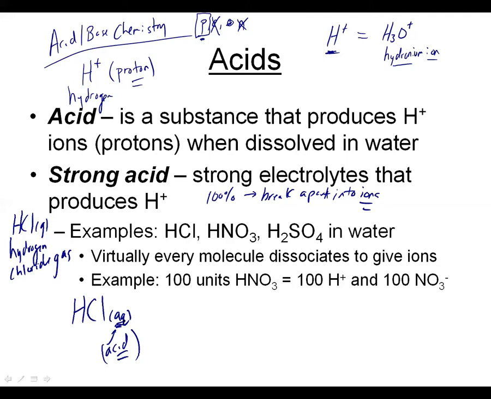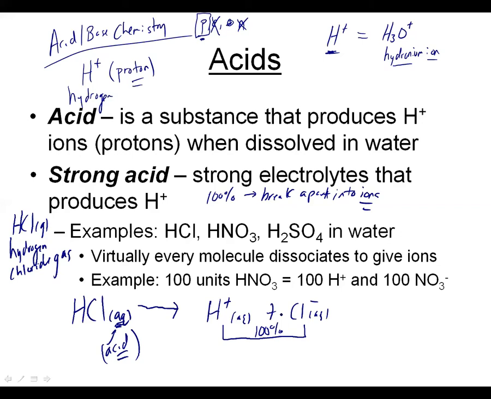If we have hydrochloric acid, the HCl on the bottom, in solution, it's pretty much a one-way street, and it just breaks apart into H plus ions and Cl minus ions. Because it's a strong acid, it's a strong electrolyte, so 100% of what you have in solution is those ions floating around free. The basic definition, as we see above, is that an acid has the ability to produce H plus.